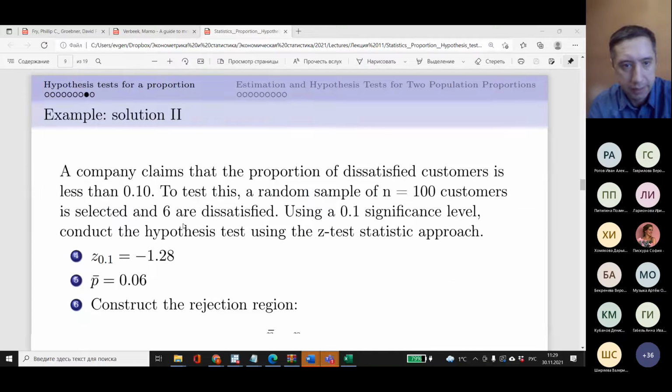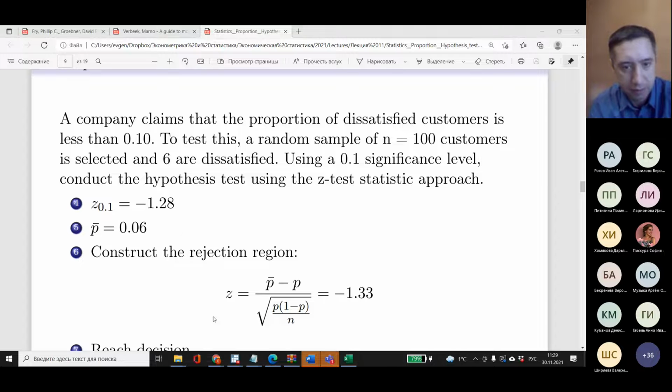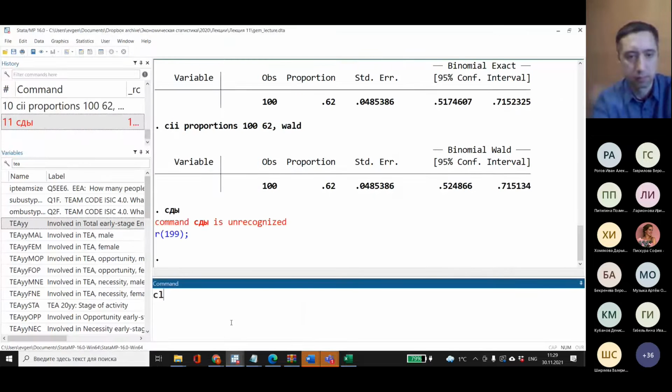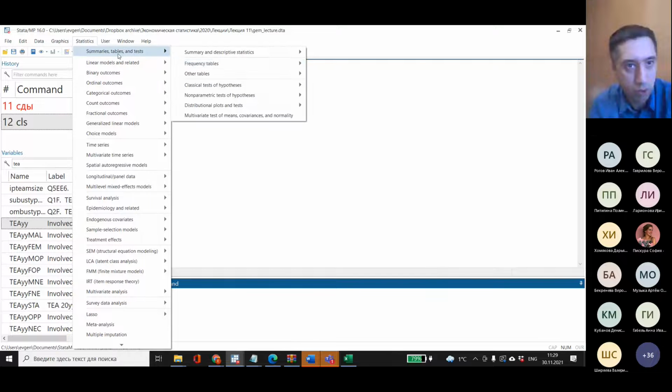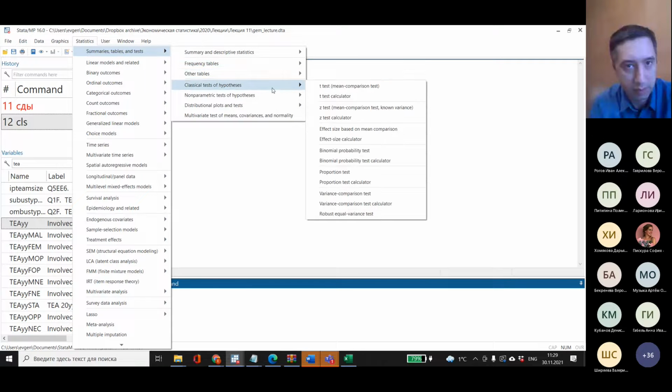Let's go back to the task and let's use Stata. In Stata, as you know, we have different calculators to check yourself when we work with exercises from the textbook. And now we have to use a Stata calculator. As usual, we should go to Statistics, Summaries, tables, and tests. And here we have to click on Classical tests of hypothesis.